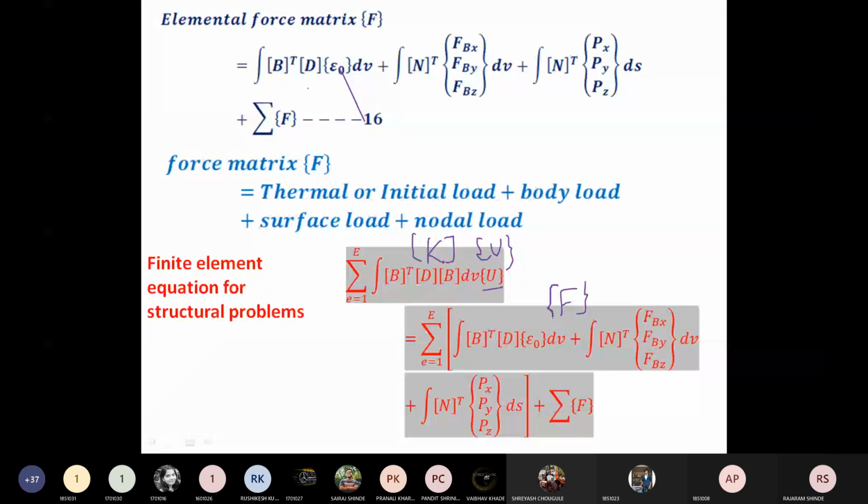Okay, this is global, or what we can say, this is the finite element equation. If we want to write it for an element, this summation sign will be removed. This one and this one. Okay, have you got it?